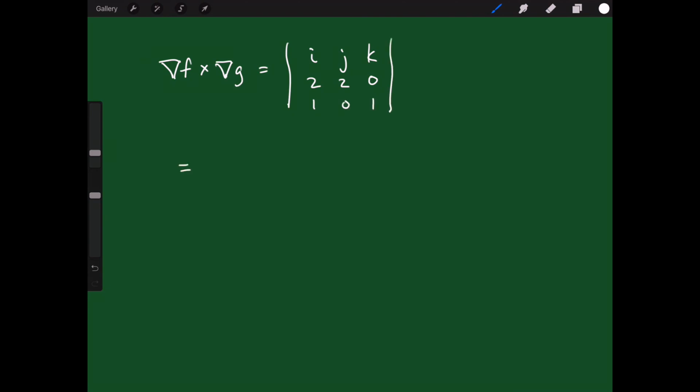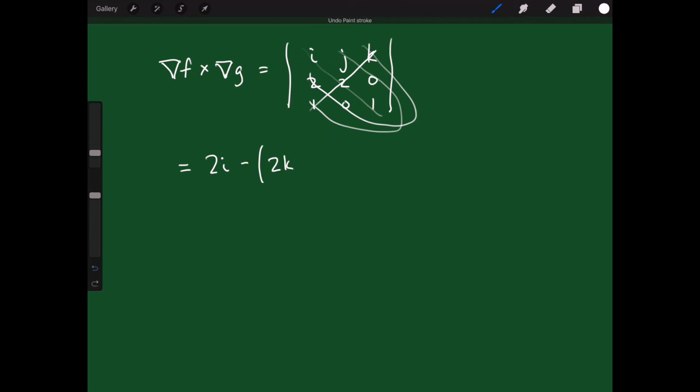Okay, let's see what we get. First, I do the positive ones. I get 2i. Then I get j times 0 times 1, which is 0. Then I get k times 0 times 2, which is 0. So I just get 2i minus, now I go the other way, I get 2k. Then I get j times 2 times 1, which is 2j.